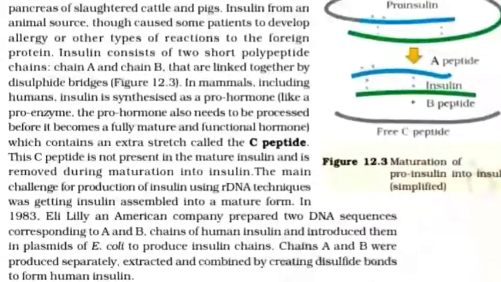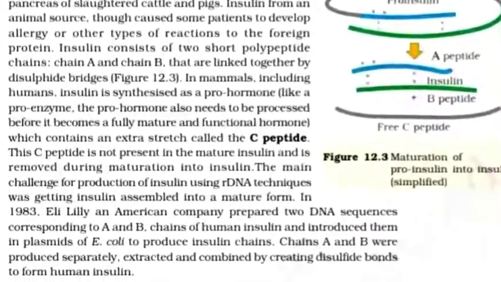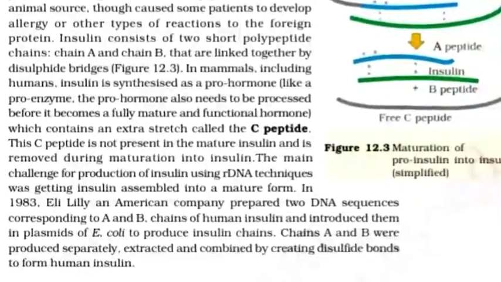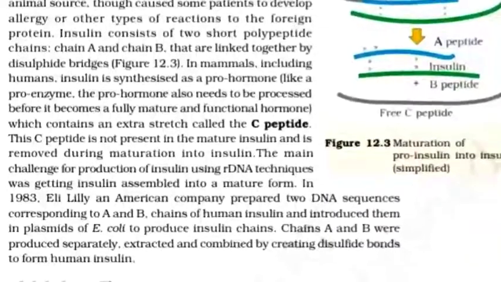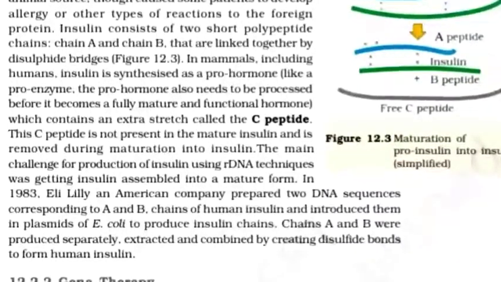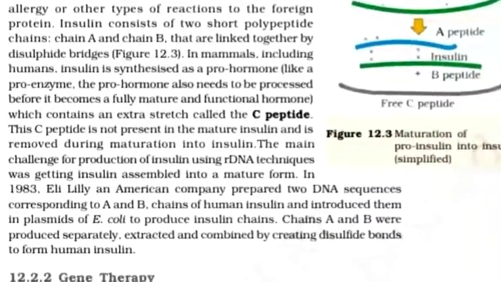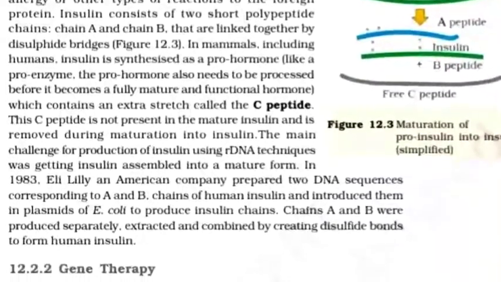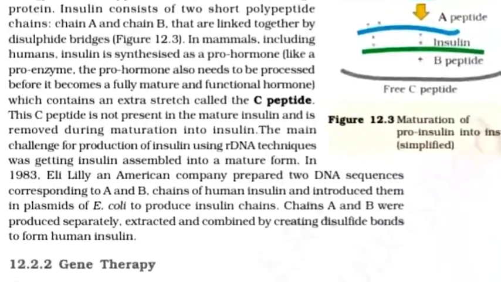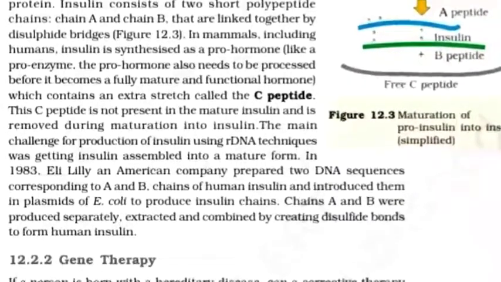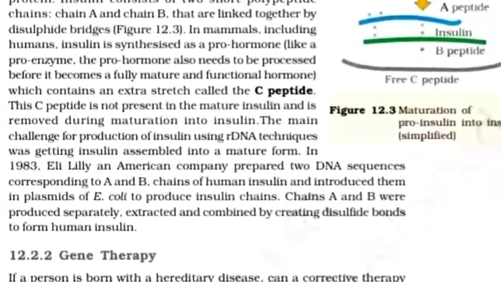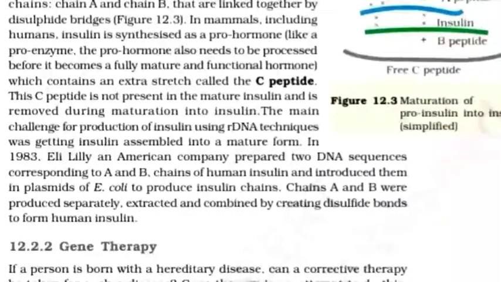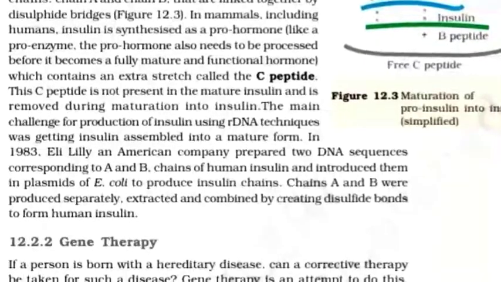In mammals, including human, insulin is synthesized as a prohormone, like a proenzyme. The prohormone also needs to be processed before it becomes a fully mature and functional hormone, which contains an extra stretch, the C peptide. This C peptide is not present in the mature insulin and is removed during maturation into insulin.